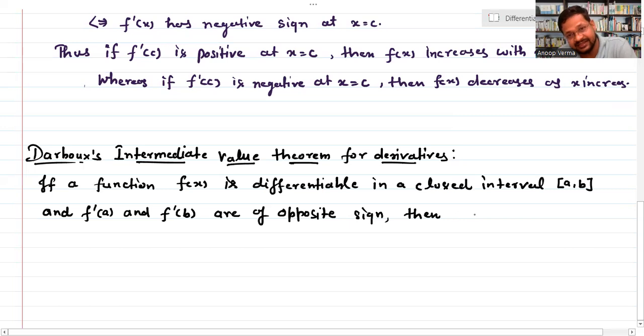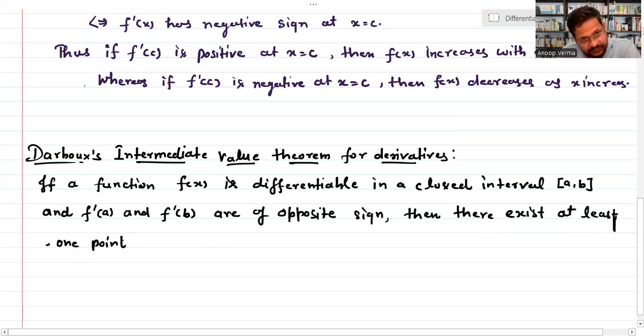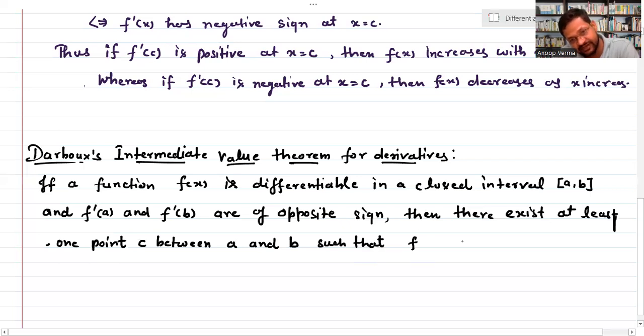there exists at least one point C between A and B such that f dash C is equal to 0.